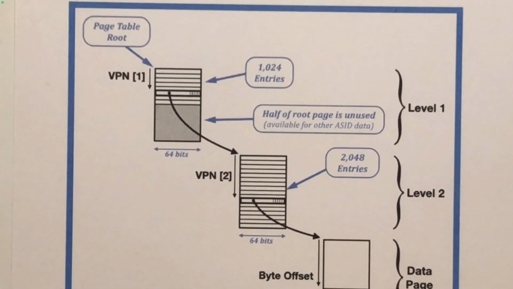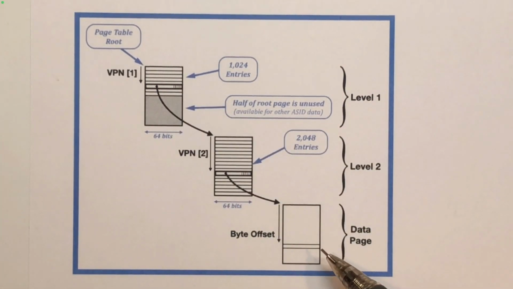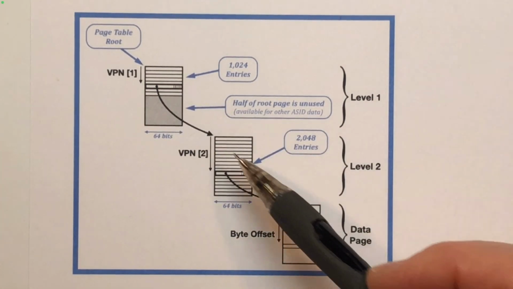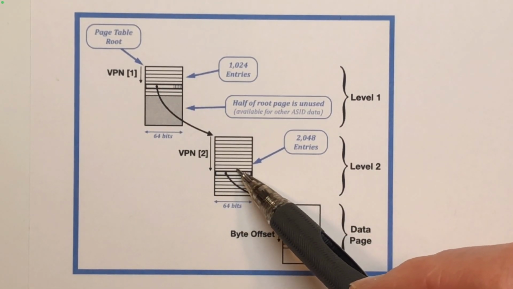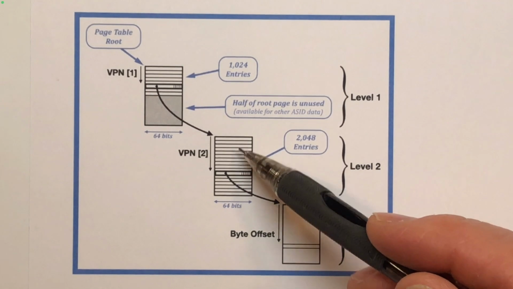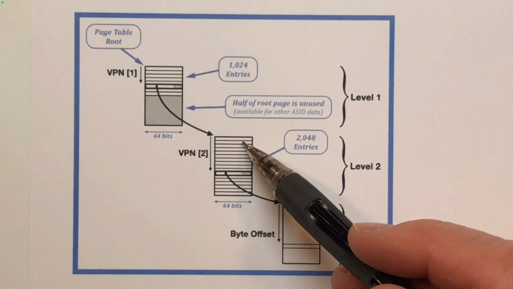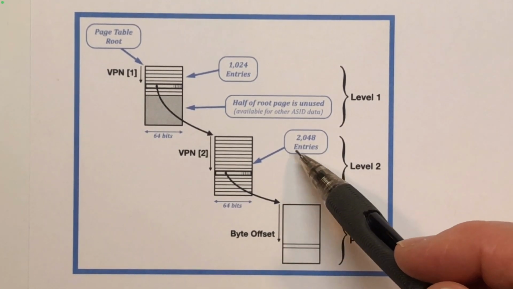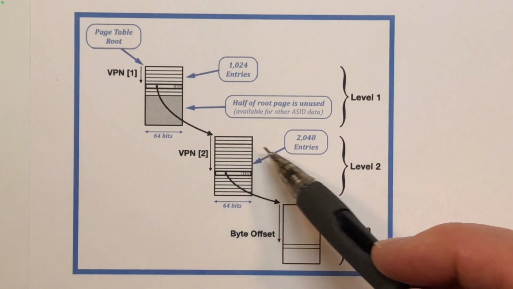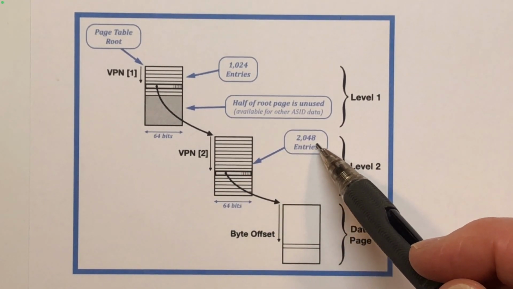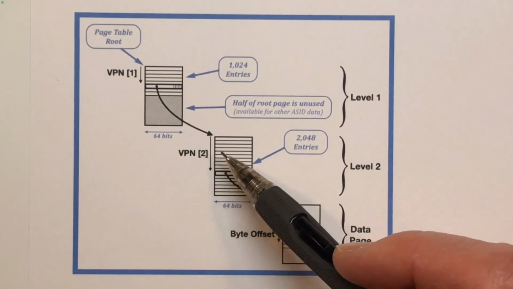In this image, I'm showing a path from the root node all the way to the data page. Each index node, whether it's the root node or a node at level 2, is an array of page table entries. There can be up to 2048 page table entries in an index node at level 2, and to access or to index into this array, we need an 11-bit number, and that's exactly what VPN2 is.